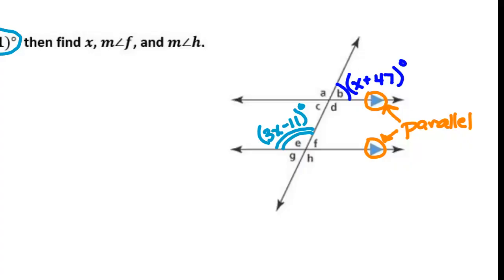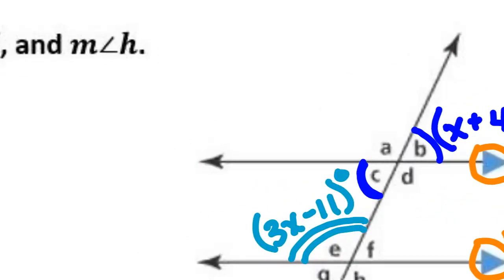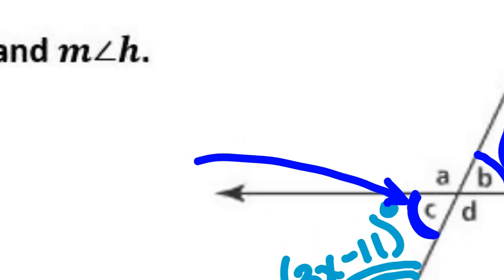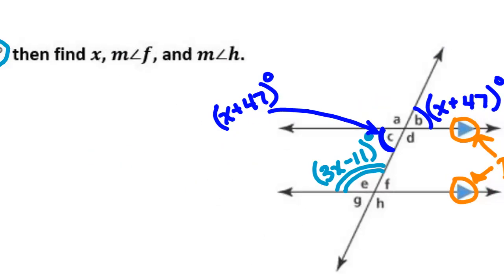So I need to find something that's either the same size as angle B or the same size as angle E. Which one did you say? C. Angle C and angle B are vertical angles, so C is the same size. So that means C is also x plus 47 degrees. Do I have a name for C and E?